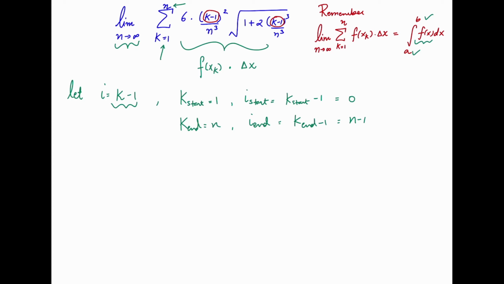Okay, so let's see. The new summation with the shifted index will look like this. We'll have i starting from 0 all the way to n minus 1, of 6 i squared over n cubed, times the square root of 1 plus 2 i cubed over n cubed.